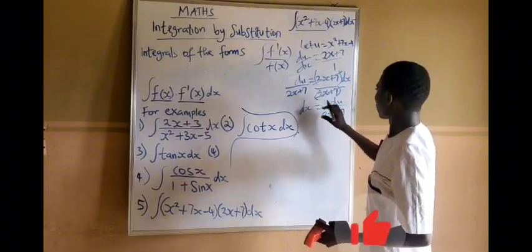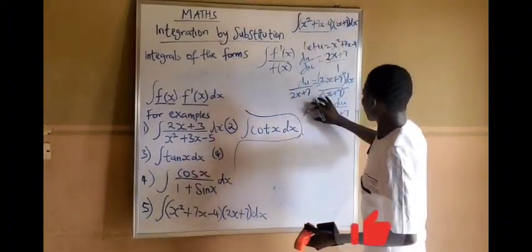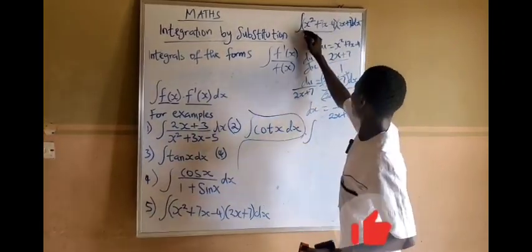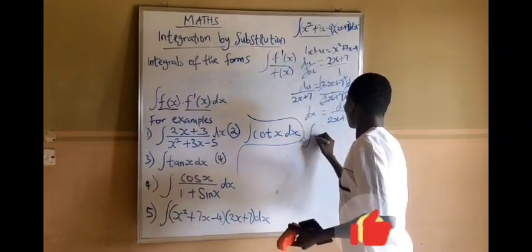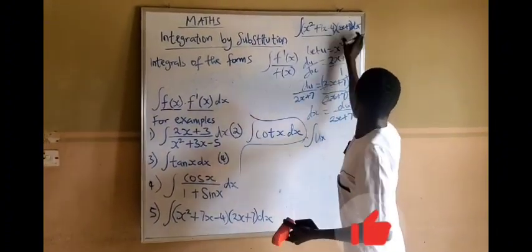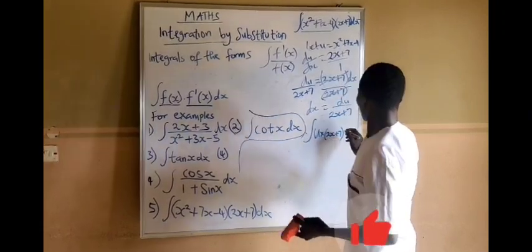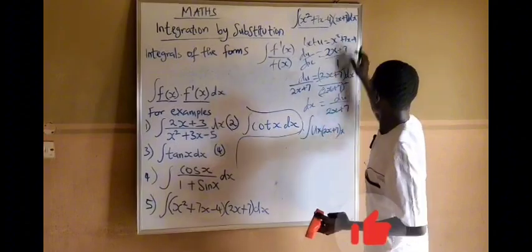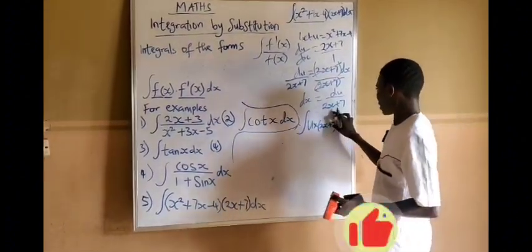All right, so let's substitute the u into this, and let's substitute the x into this. So here we have the integral. Mind you that you have represented everything on this side with u. So you say u times what is here, which is 2x plus 7, times the x, and the x is u over 2x plus 7.